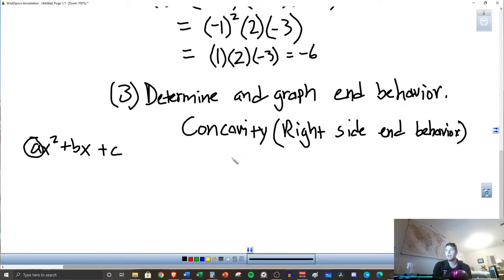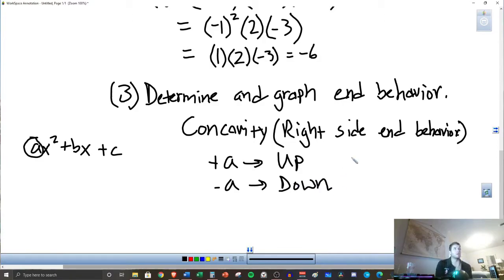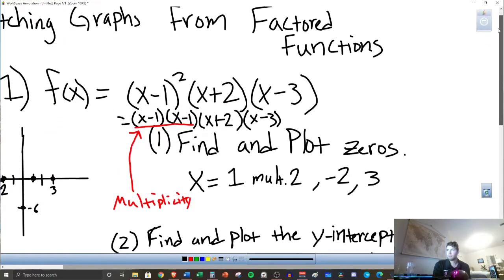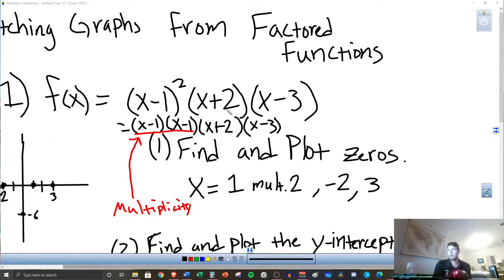So we know that if it was a positive a value, we were going up on that right side. If it was negative, we were going down. That was our distinguishing factor there. All right. But we noticed that we are not in this form. Check it out. We are in factored form. Okay.